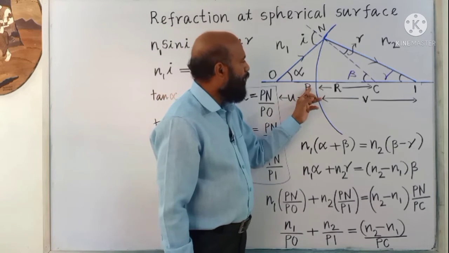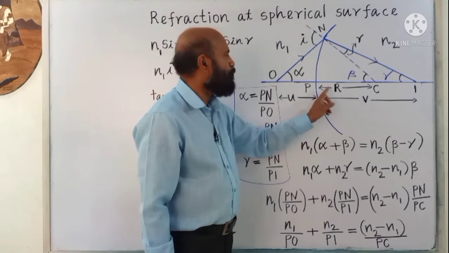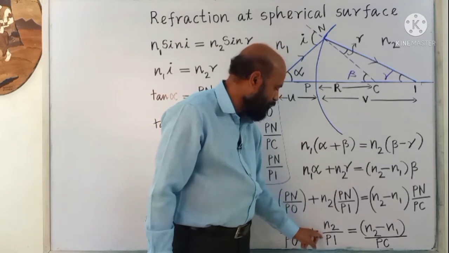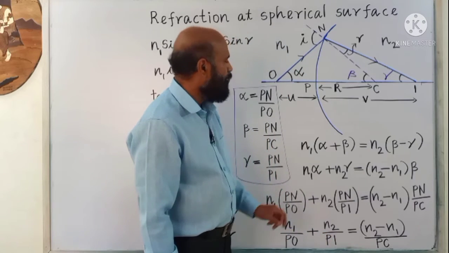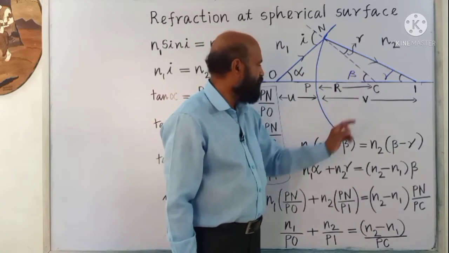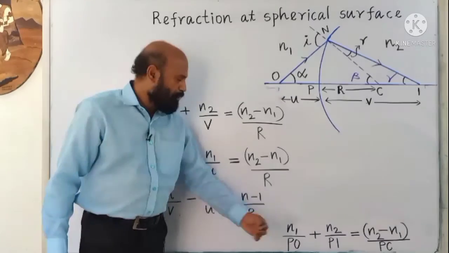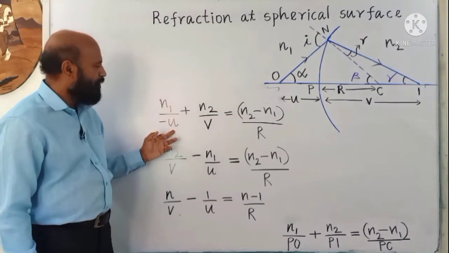PI, that is pole to image, that is V. For this PI, we can write V. Then for this PC, we can write R. So in this expression, after substituting, you will get like this.